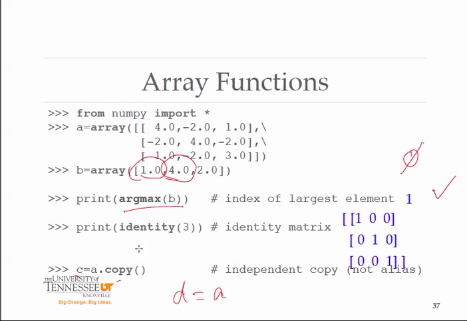If you need a separate copy of an array stored in memory, you need to use the dot copy syntax. In other words, copy is a function that's built in for all array structures, any array structure you create. So if you use dot copy, you would be specifying that you're going to create new memory and load every single element of the array A into this new array C.